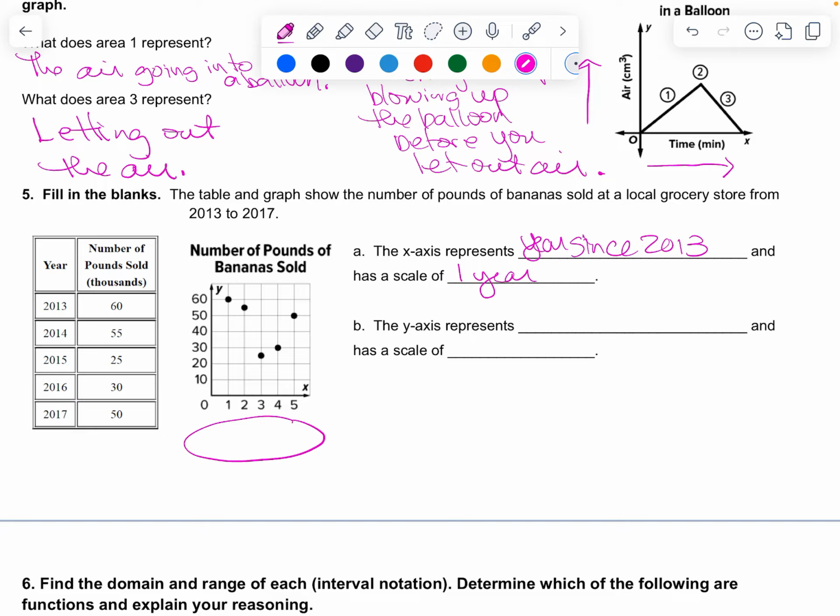The y-axis represents the number of pounds sold of bananas. And it has a scale of 10,000 bananas.